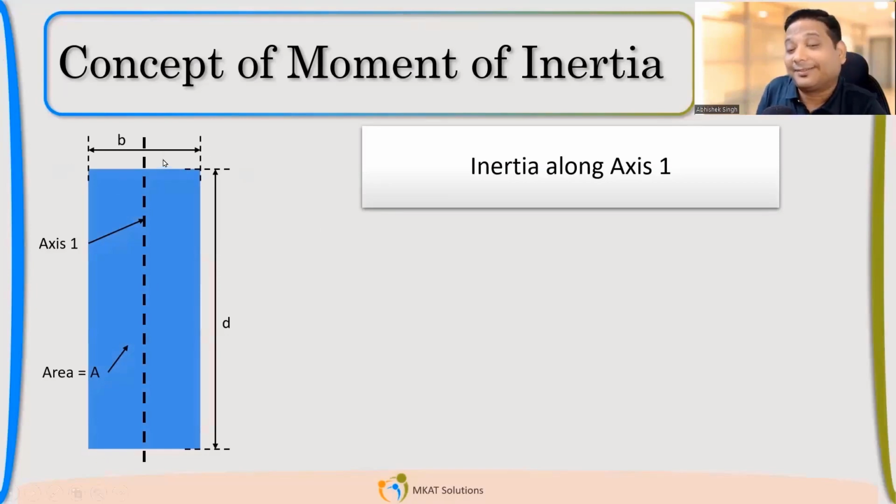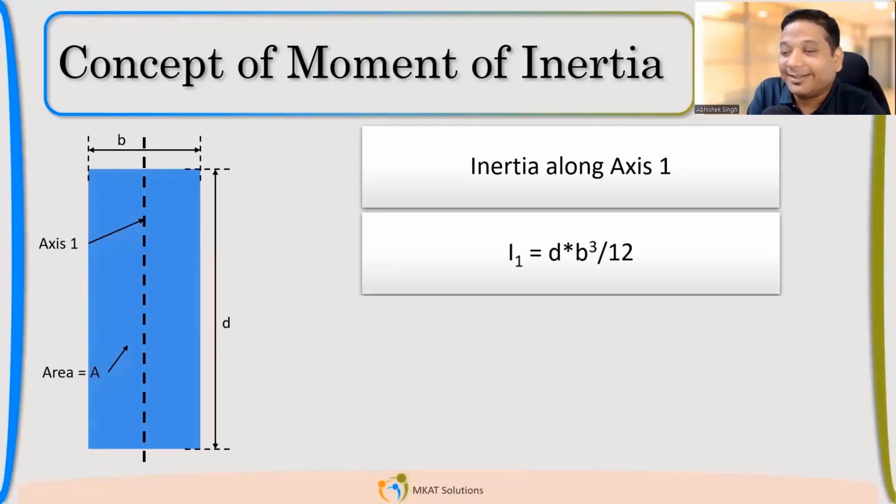The edge which is on both sides, perpendicular to that axis, is basically the cube term. So it will be dB cubed by 12. Getting it? We always remember BD cubed by 12. So it has come here also. Are you guys okay? Have you got it? So dB cubed by 12, that is the answer. Clear? So basically the moment of inertia along this axis is dB cubed by 12.